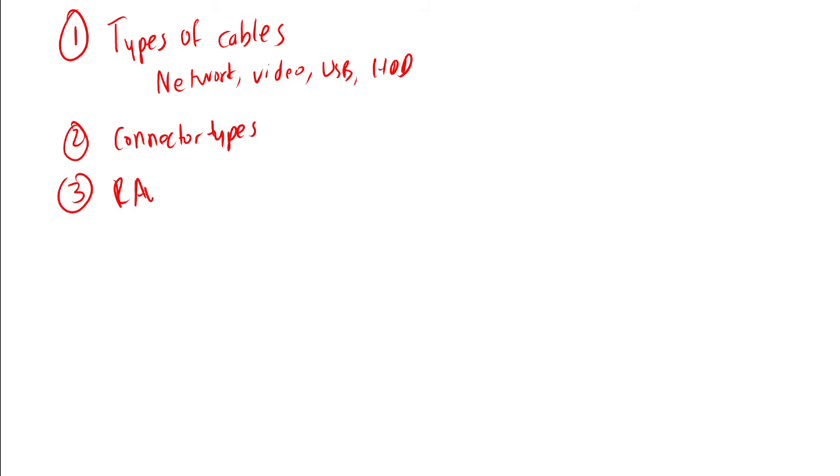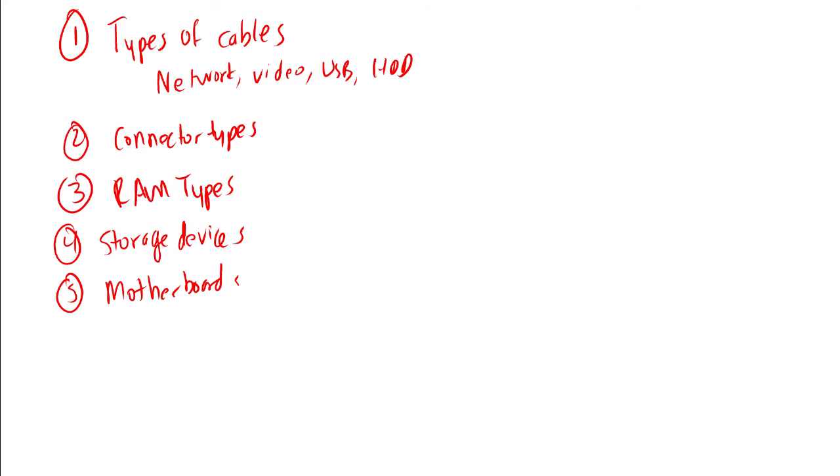So network, video, USB, hard drives, connector types, RAM types, storage devices, motherboards, and connectors, and peripheral or expansion cards.